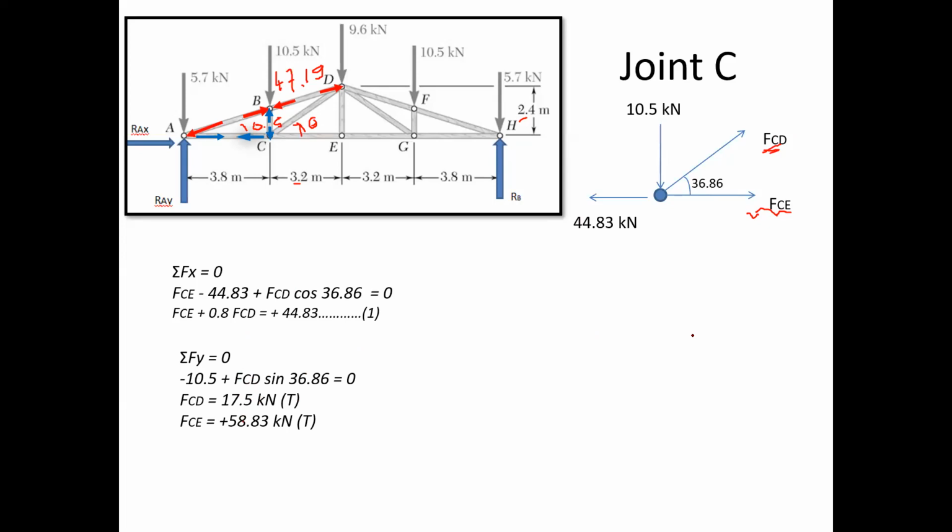Is there any mistake in my calculation or yours? Ayush is getting the same answer. Okay, you are getting FCD as negative. How is it negative?